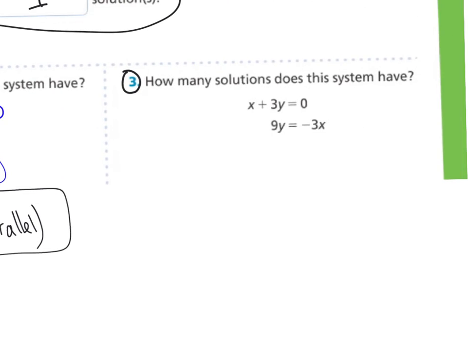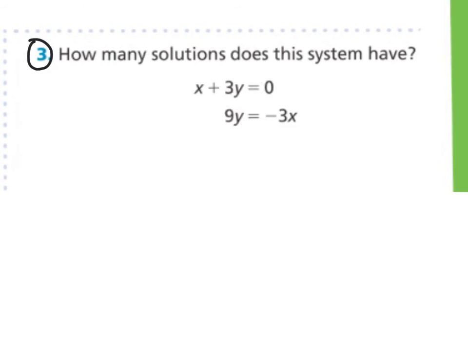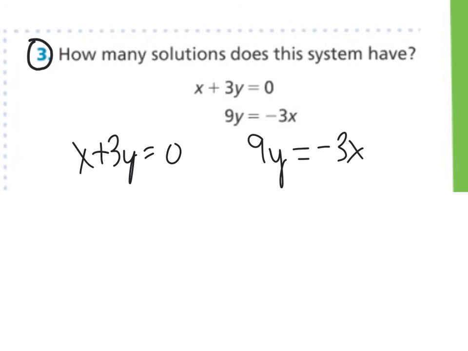So look at number 3. Same idea, how many solutions does this system have? I'm just going to rewrite these. Neither of these are just a y equals, so we're going to try to get it there. So for that first equation, we can subtract x on both sides. If you want to put a 1 in front of the x, you can.